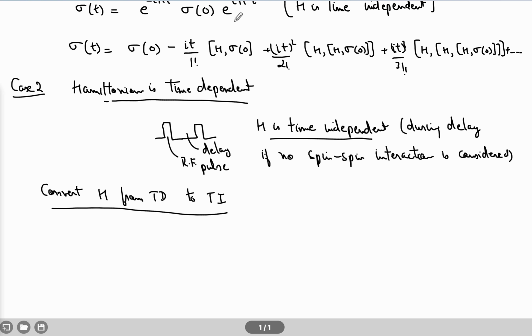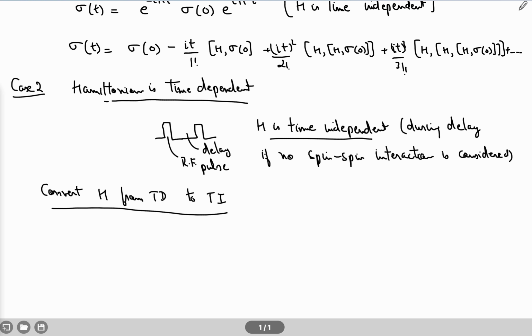If you remember the Bloch equation discussion, we were going into the rotating frame of reference. Essentially what we were doing is, by applying a transmitter frequency, we were going into the rotating frame, and thereby removing the time dependence there, right?